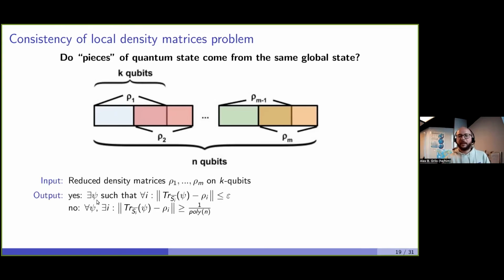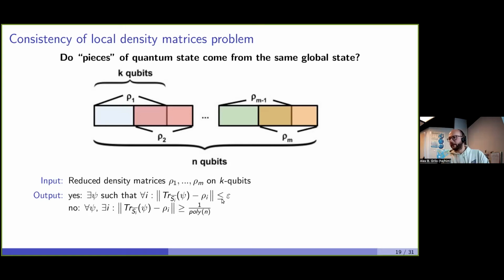You want to output yes on the yes instances, which are the sets of reduced density matrices that have a global quantum state. These are the density matrices for which there exists some psi such that when you trace out all the qubits not corresponding to that rho_i, the two density matrices are close.